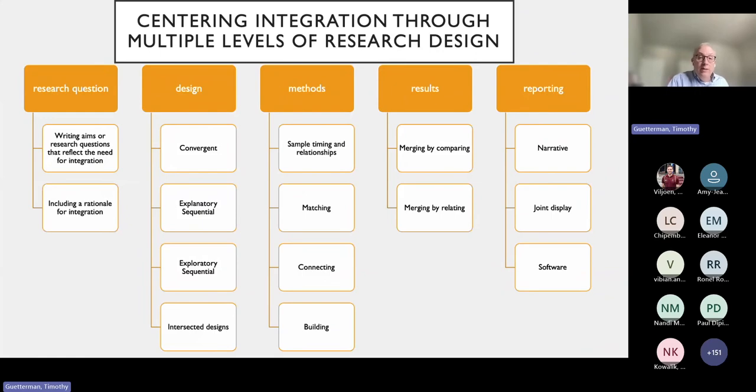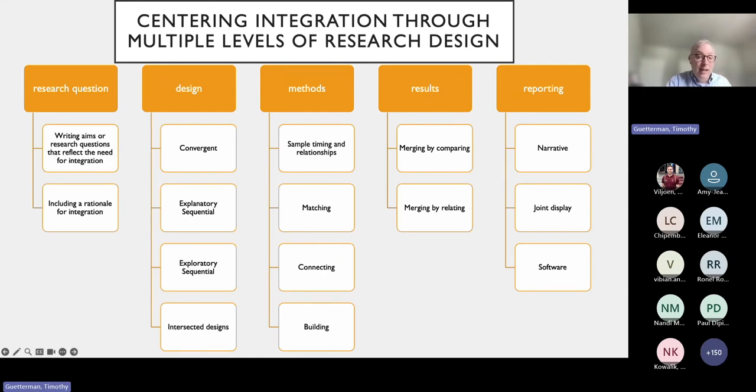So we've talked about centering integration through multiple levels of the research design, and I'm just going to end with this slide here to organize what some of these tools are. Hopefully you find this helpful. We've talked about the research question level, so writing research questions or objectives or aims that reflect the need for integration.